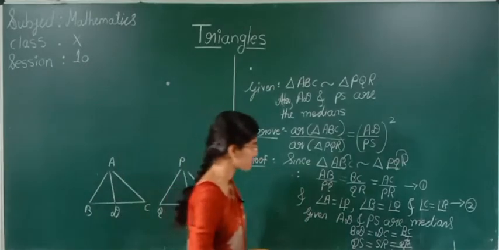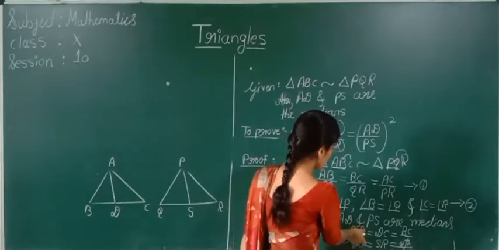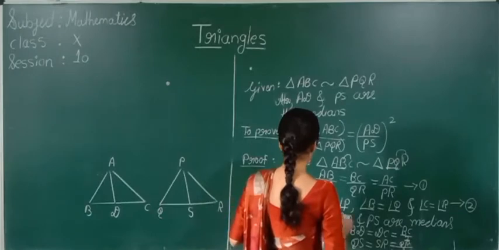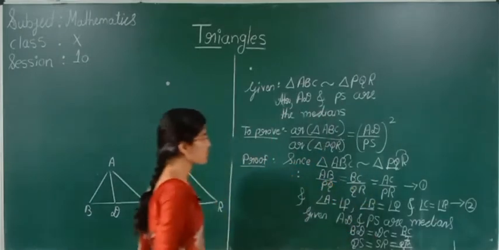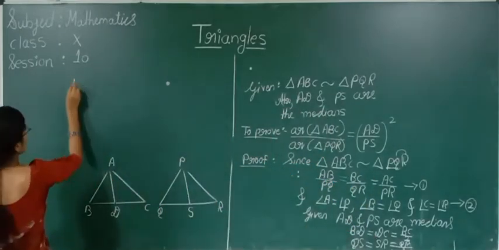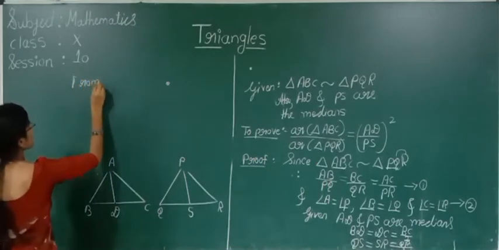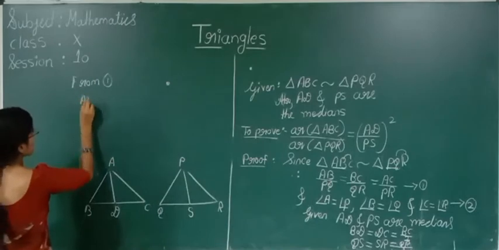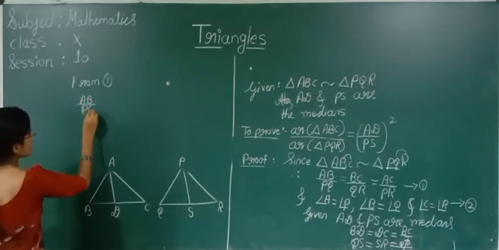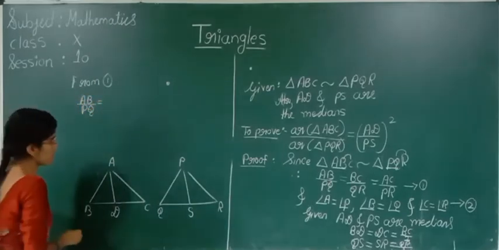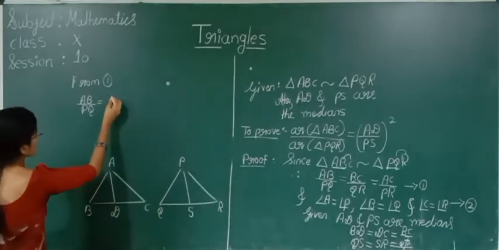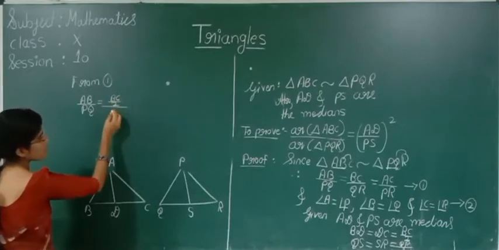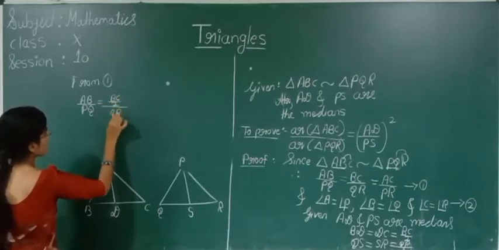Next here, now from 1 what we can write? From 1, AB by PQ is equal to BC by 2 over QR by 2.